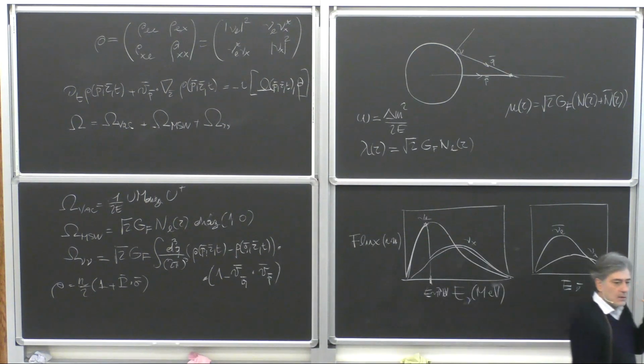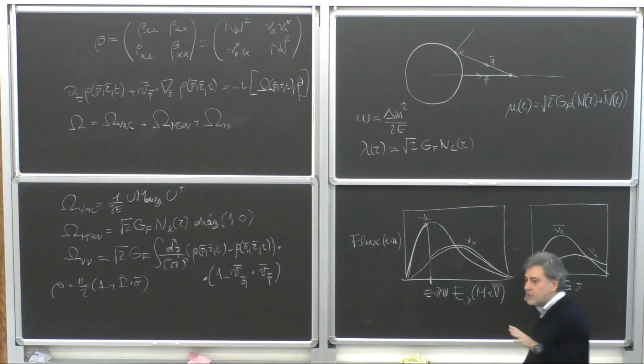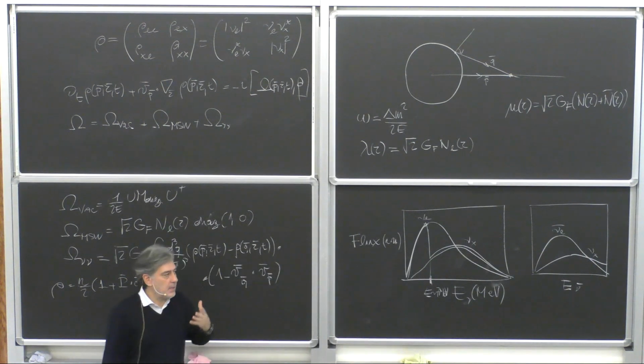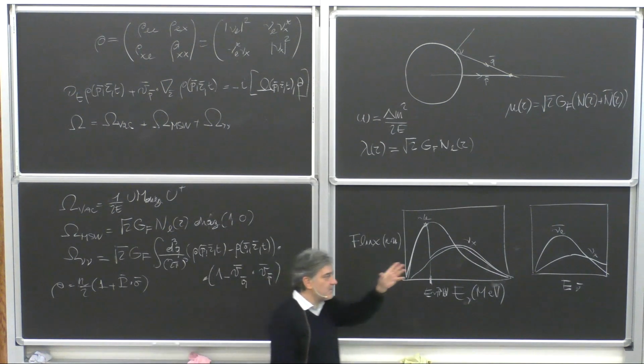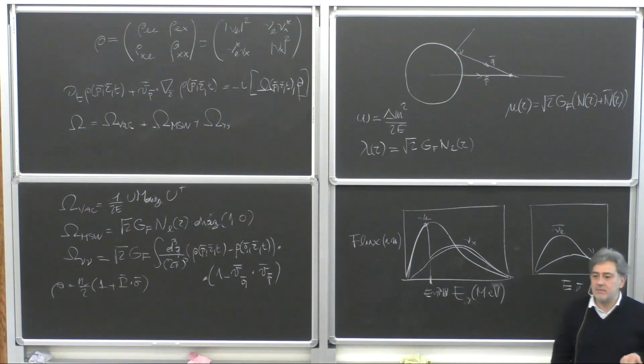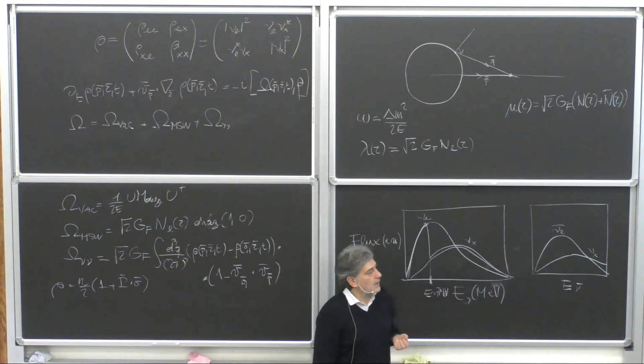This happens in inverted ordering, if you consider two generations, not in normal ordering. So it was believed that if we see something like this, this would be a clear indication of inverted ordering of the mass spectrum. So we were very excited about these findings.